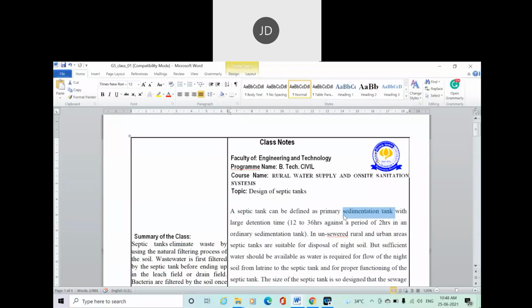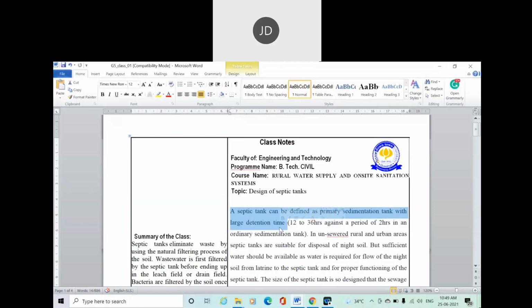So you can consider this a kind of sedimentation tank. A septic tank can be defined as a primary sedimentation tank with large detention time. So what is detention time?